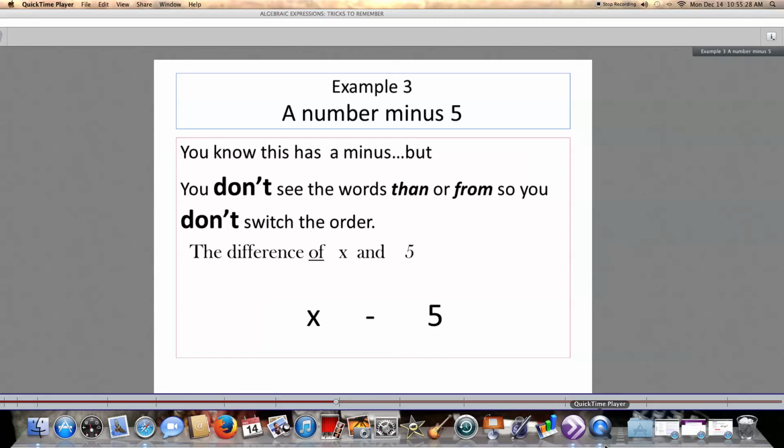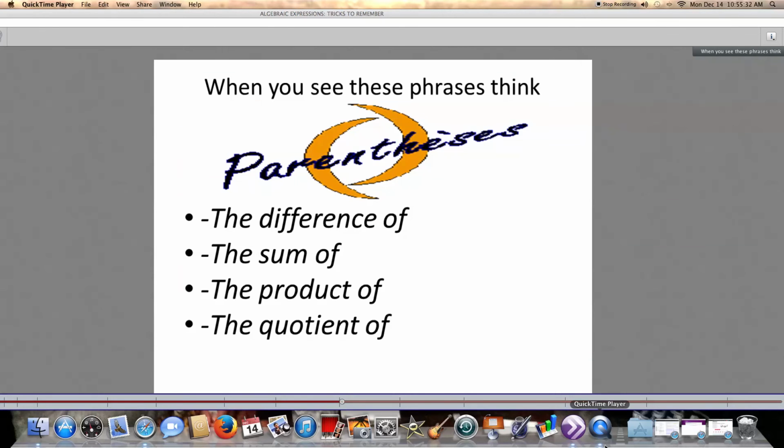Now let's go over when you're going to use parentheses. When you're dealing with a longer sentence and you see these phrases within that longer sentence, you know that the next thing after is a parenthesis. You're going to see the difference of, that means you're going to write parentheses. The next part is going to be in a set of parentheses.